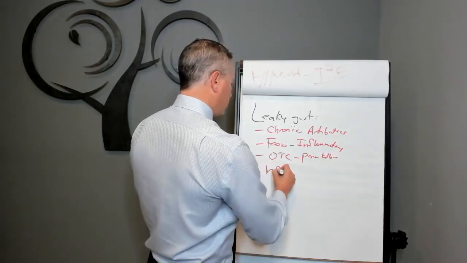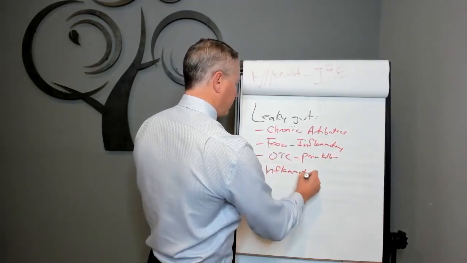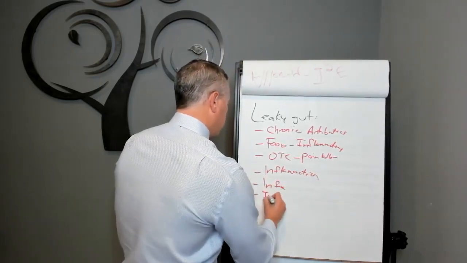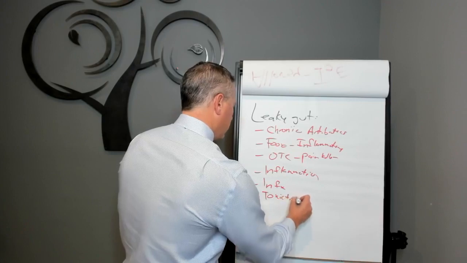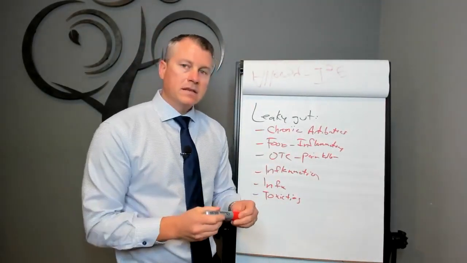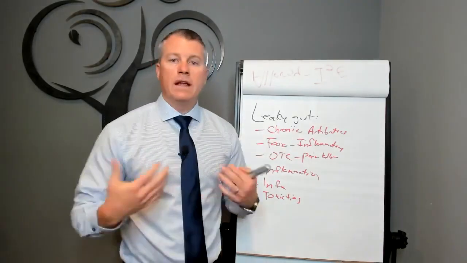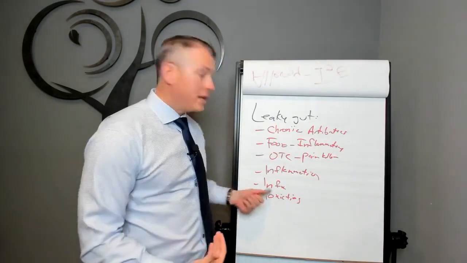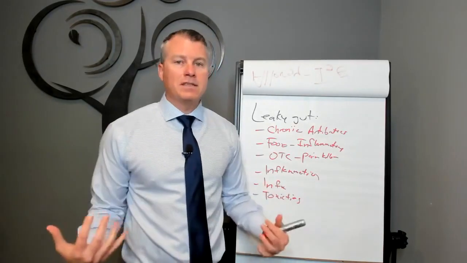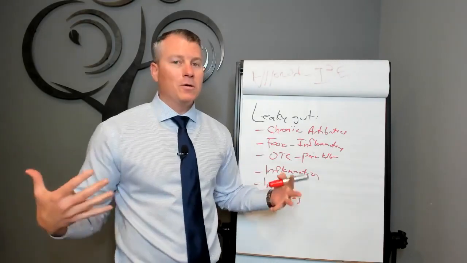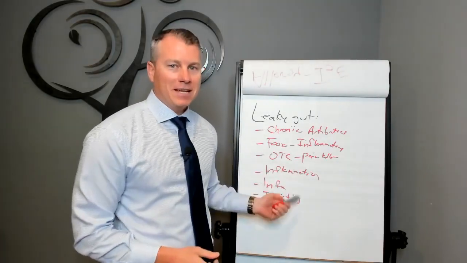Just general inflammation, infections, toxicities. So there's a lot of things that can actually cause leaky gut, and many of these things may not even be something you know you have. Like you may not be experiencing inflammation in your gut, but it could be going on. You may not even be experiencing infections, but we see all the time people having bacterial overgrowth, yeast, fungus, parasites. A whole slew of problems that are developing in the gut area.